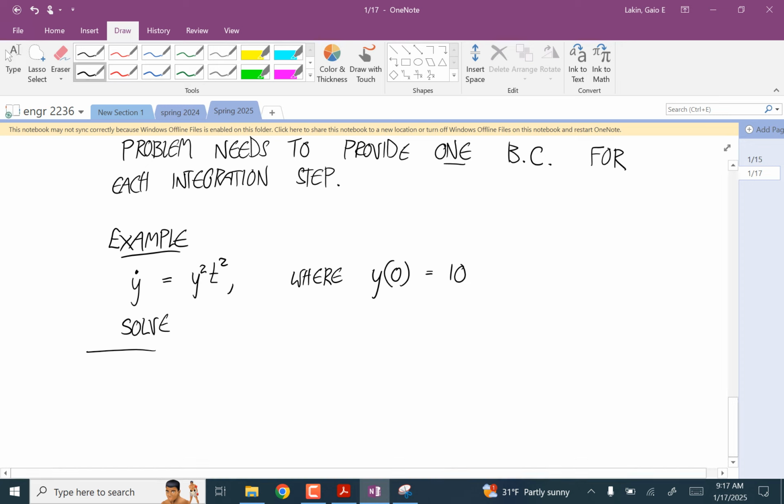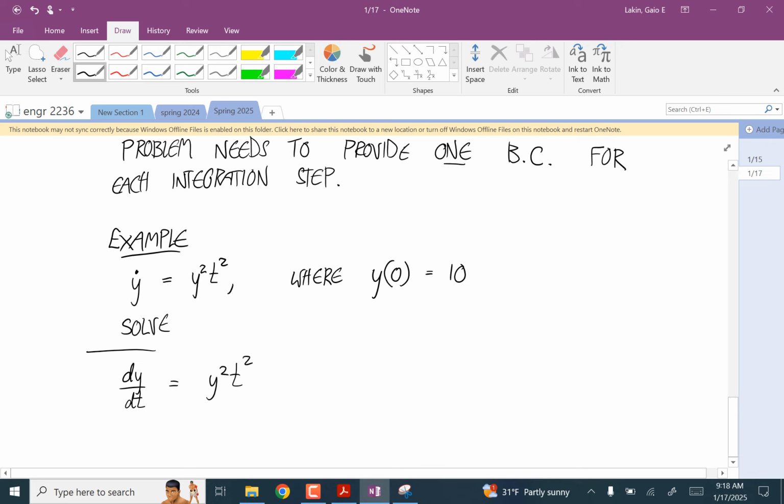Well, maybe the first thing I'll do is expand this into the dy dt notation so we can separate variables. So I'm going to write this as dy dt. That's the definition of the dot notation. Remember, dot always means derivative with respect to time. It can't mean derivative with respect to anything else, okay? And this is equal to y squared t squared.